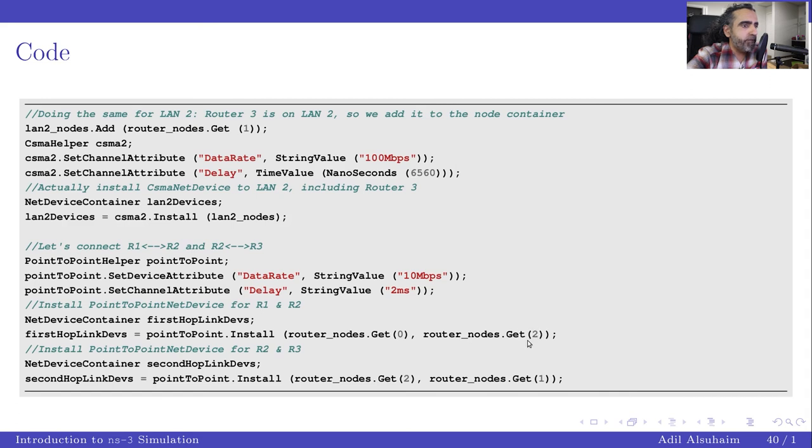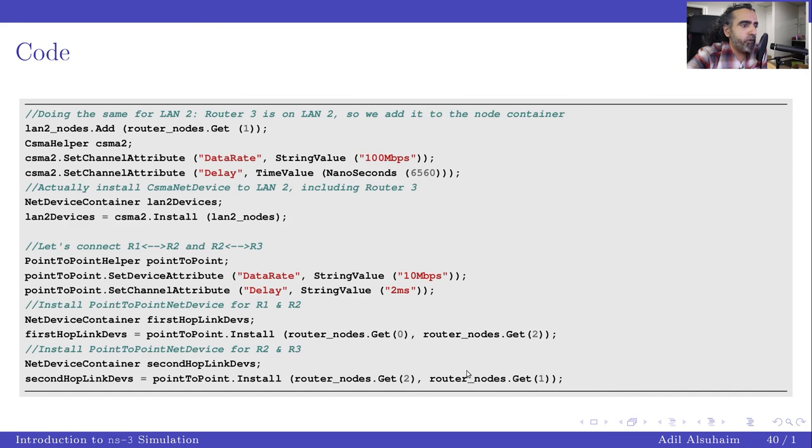So router node at 2 is in the middle. And then I'm going to do a net device container, second hub links. I'm going to install another point-to-point net device into the router at position 2. So I have 3 routers, 0, 1, 2, and the link is between 2 and 1.